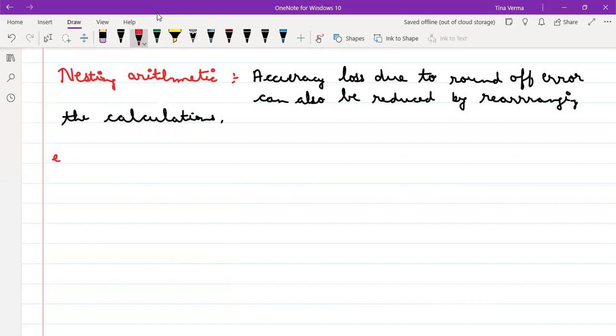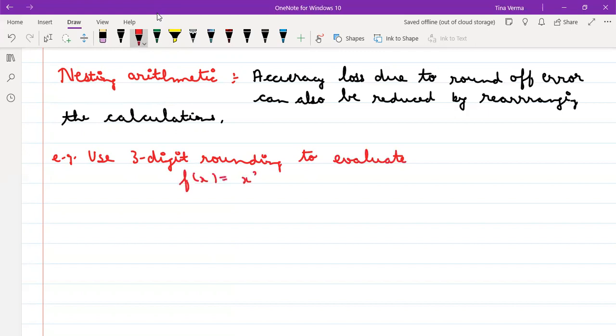The example is, you have to use 3-digit rounding to evaluate f of x is equal to x cube minus 6.1 x square plus 3.2x plus 1.2 at x is equal to 4.71, right?